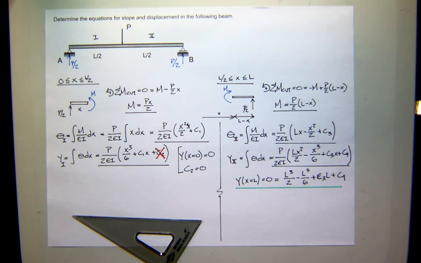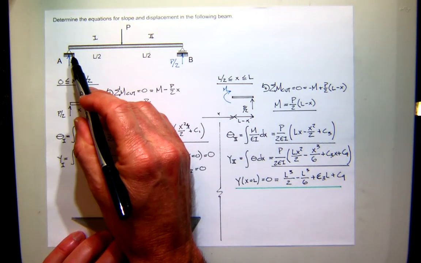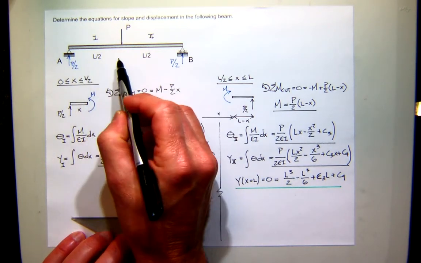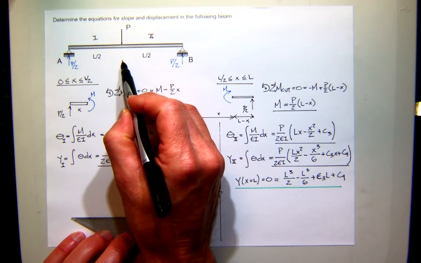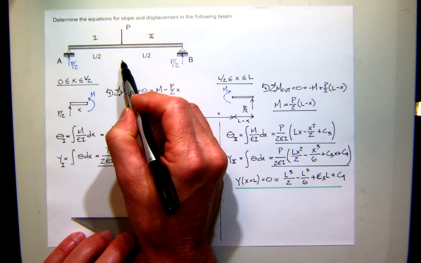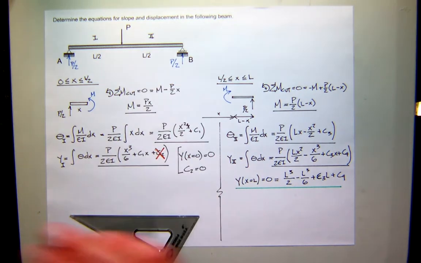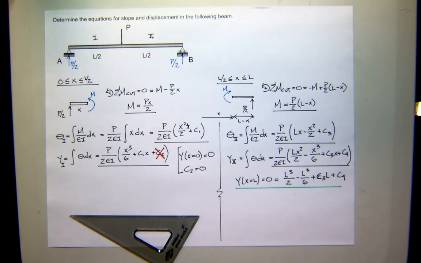We're not done yet. What else do we know? Well, this is the new thing I want to talk to you about. When the equation for slope from section 1 matches section 2 at this point here, can they change value? Can your slope suddenly change value at a point? No, it could if your material actually bent, but our beam's not going to bend about a point.